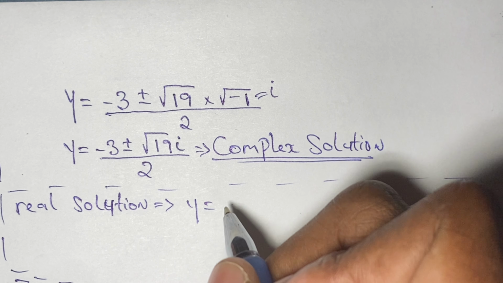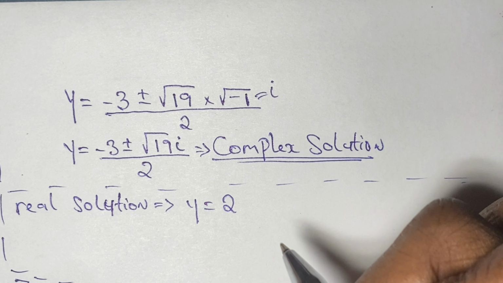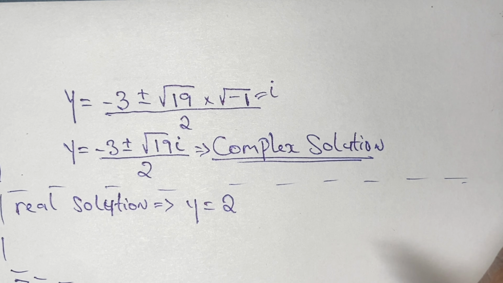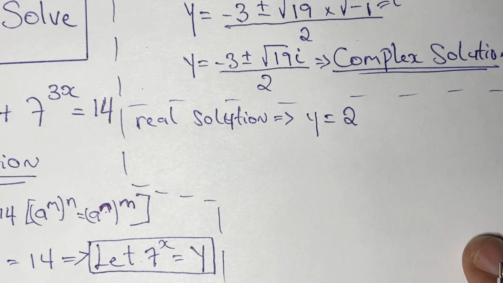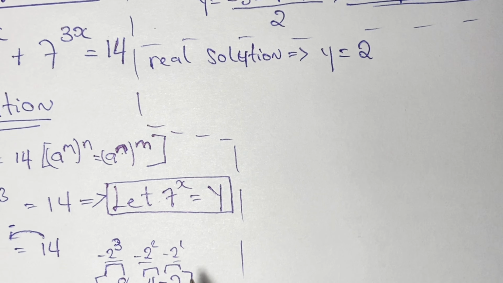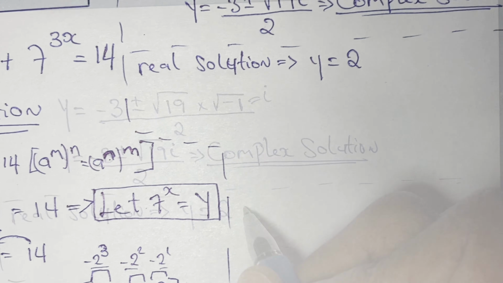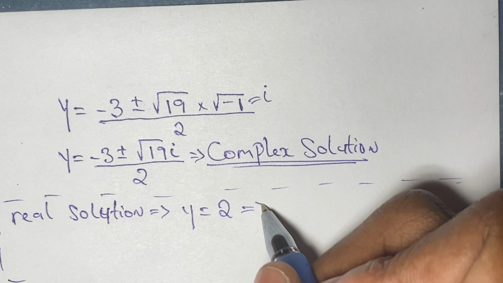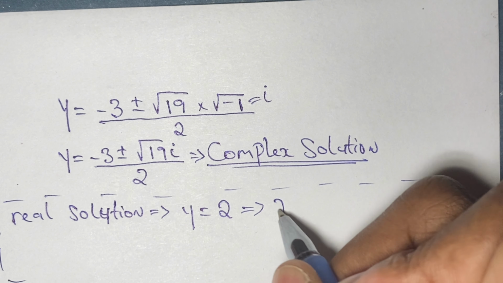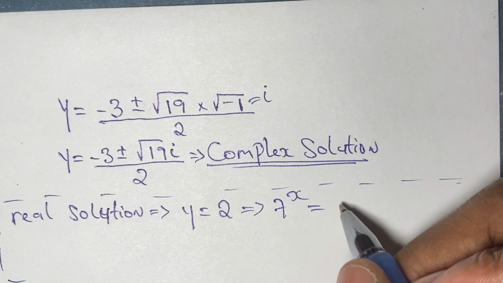So again we say y is equal to 2, and this is our real solution. Now from here we recall that we said let 7 to the power of x be equal to the variable y. Having that y is equal to 2, it means therefore that 7 to the power of x is equal to 2.